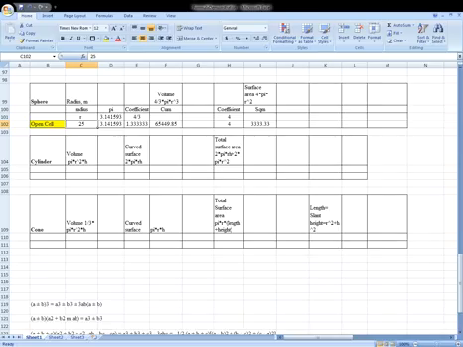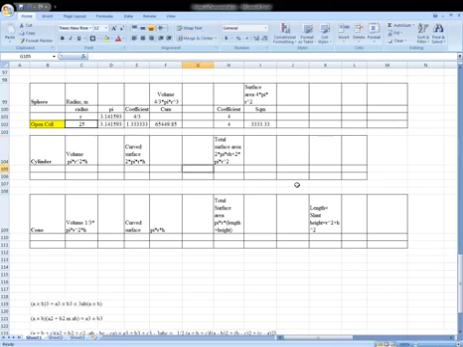Volume is pi r square h. Pi, r is radius squared, and h. And the curved surface, the vertical one, needs the circumference, so 2 pi r into h. Let me correct this formula because multiple are mixing.